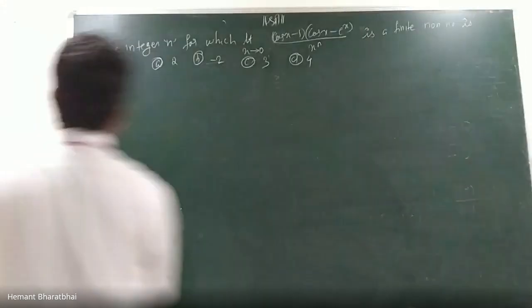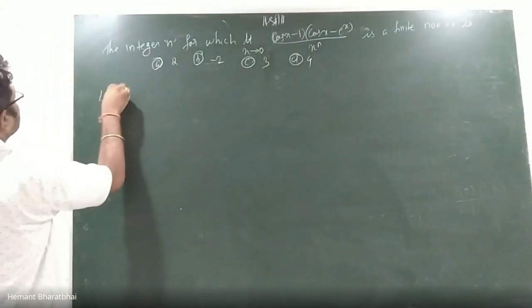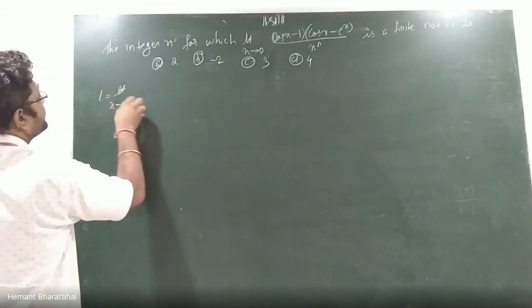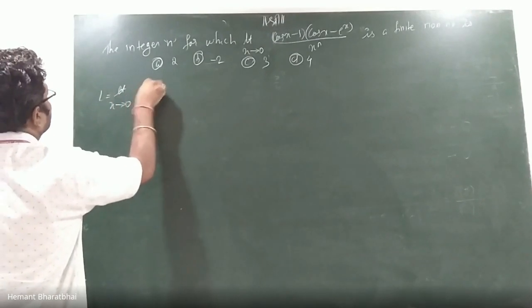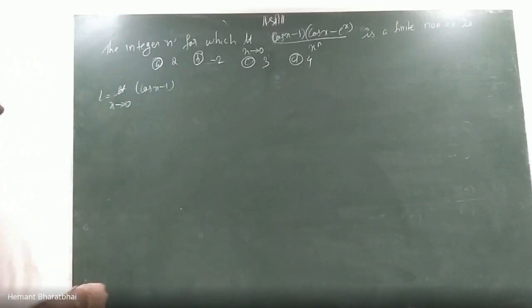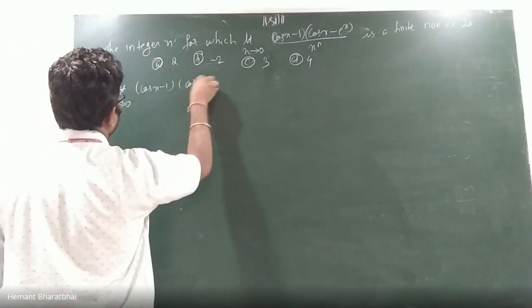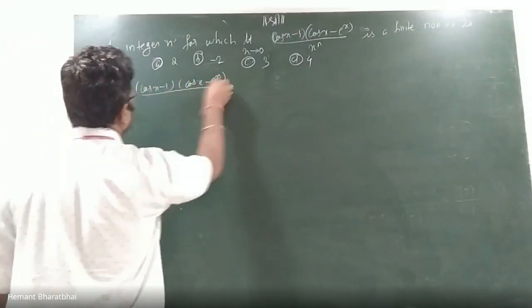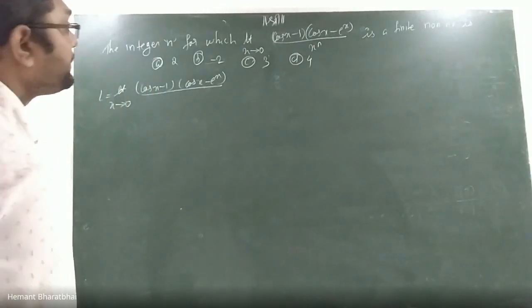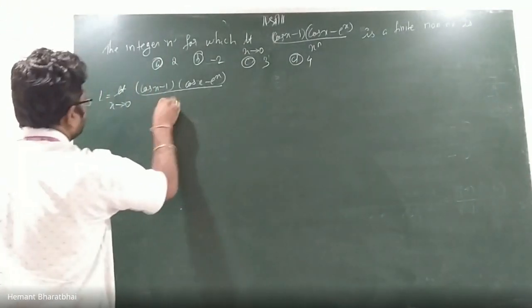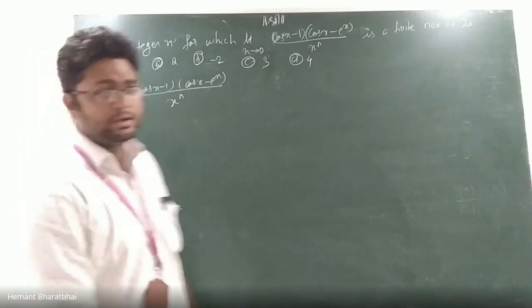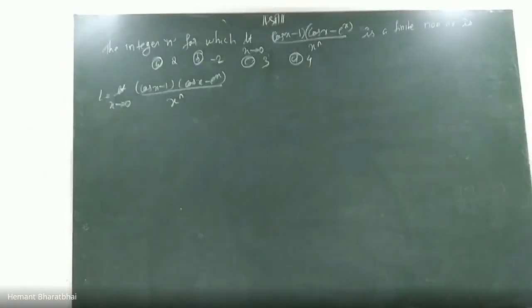If I write this question, L is equal to limit of x tends to 0 of (cos x minus 1) into (cos x minus e raised to x) upon x raised to n. Here you have the term x raised to n and the limit is x tends to 0.